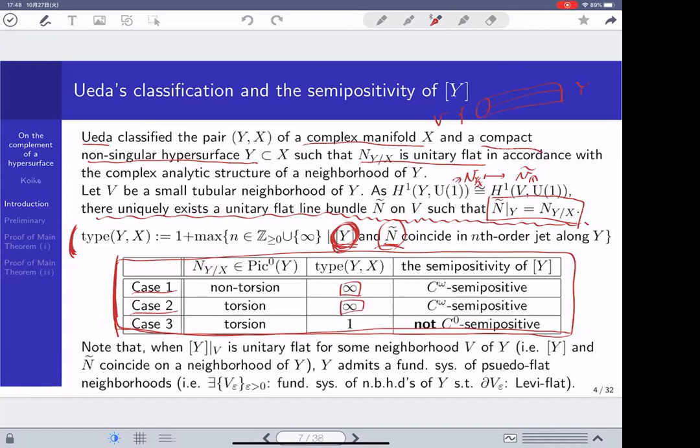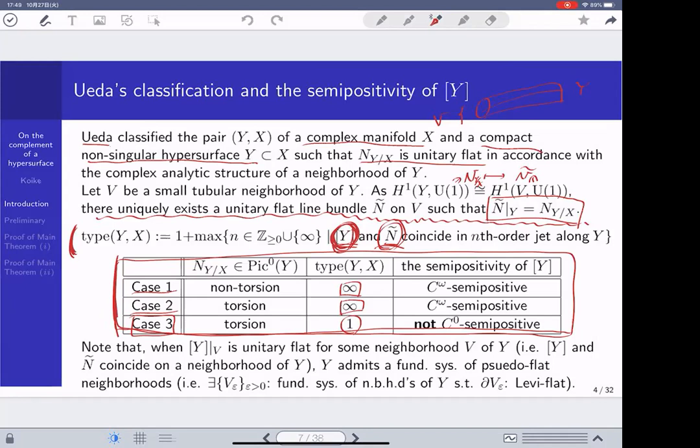However, it can also be easily checked that case 3, Sayle's example, is of type 1. This line bundle Y and N tilde coincide in 0th order jet.